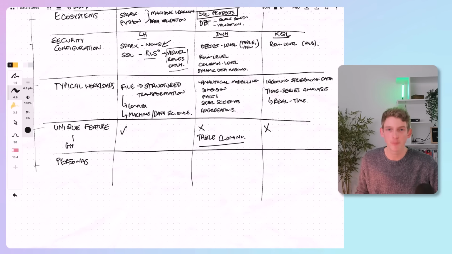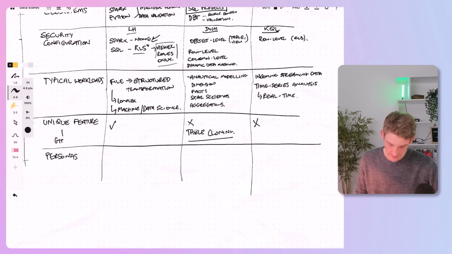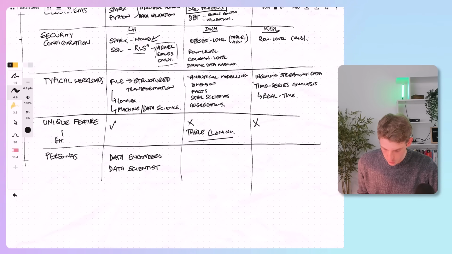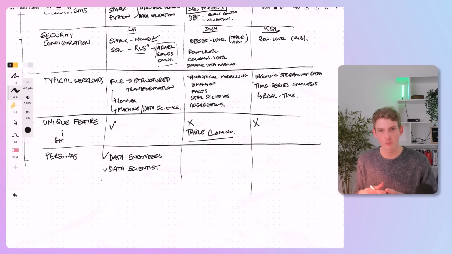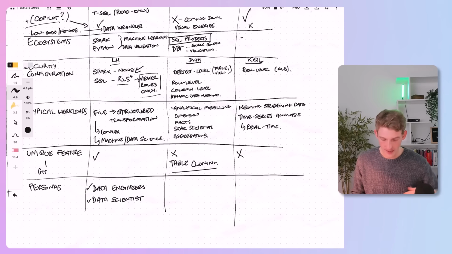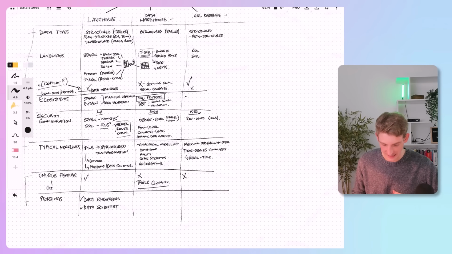Okay, so finally, personas, right? So hopefully it's fairly clear who's going to be using which of these. In the lakehouse, typically we're going to be having our data engineers and our data scientists, because they're going to be the ones that are comfortable writing Spark code or Python code. They're going to be wanting to use machine learning. They're going to want to be doing data validation, all that kind of stuff that is easiest in the lakehouse.